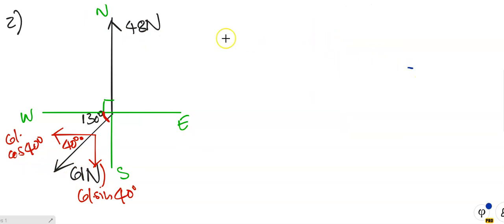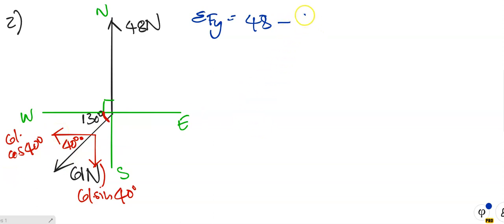Let's see. I'm going to say this. The sum of the vertical forces is equal to plus 48, minus 61 sine 40. Why is it minus? Because it's acting vertically downwards.